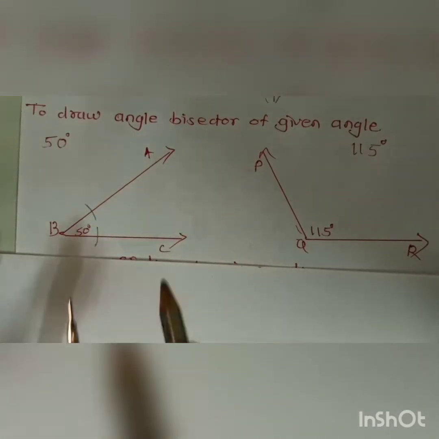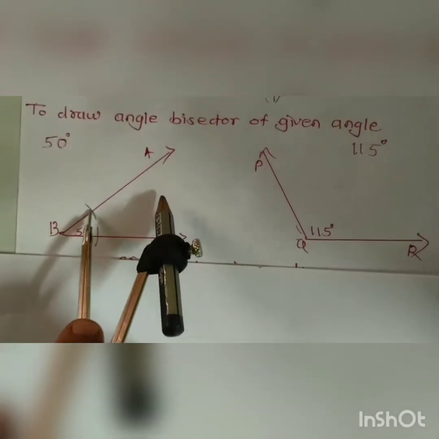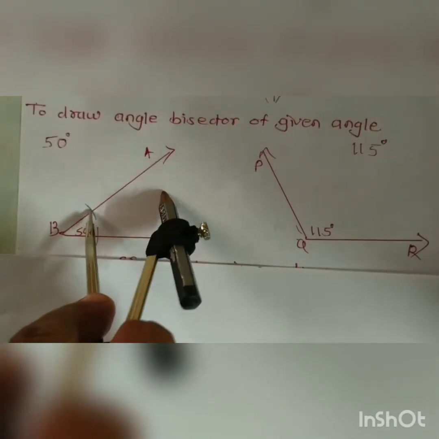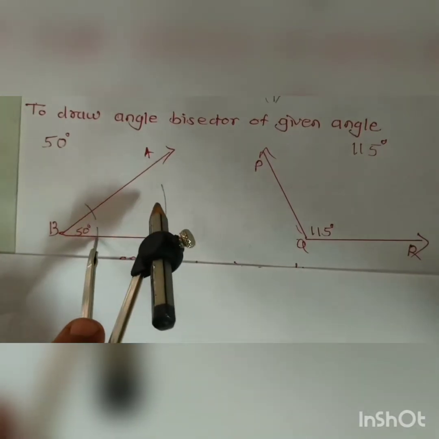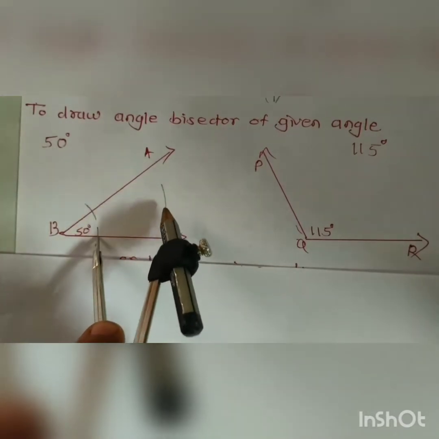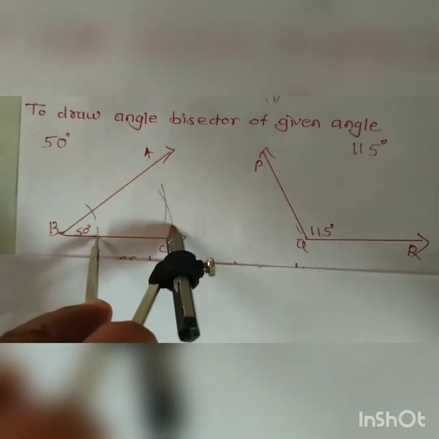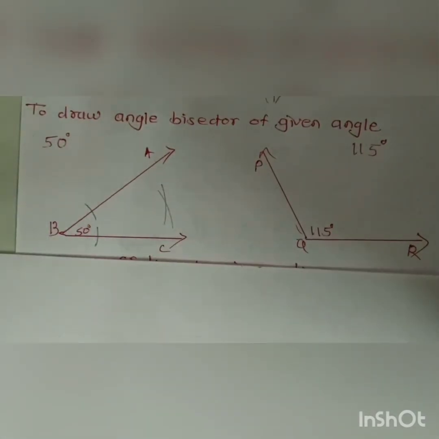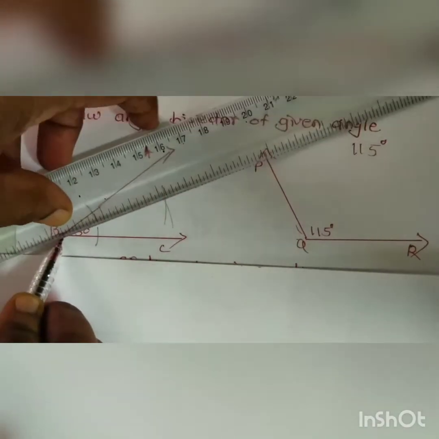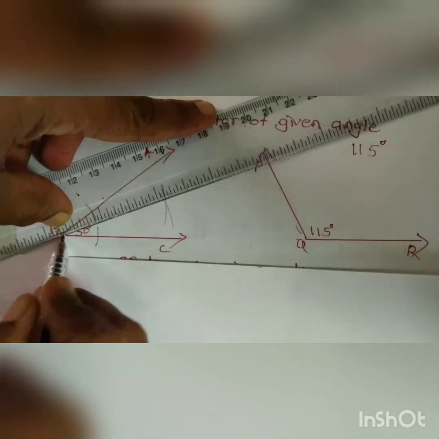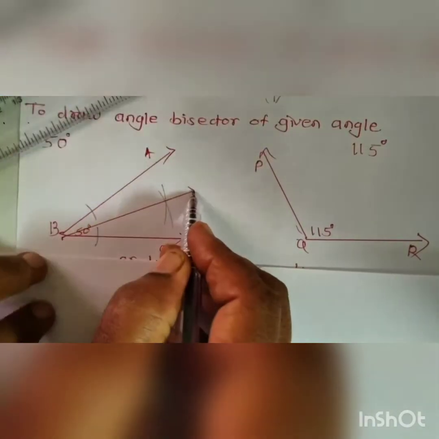Put your compass here. You may increase the distance now, this way. Make an arc inside the angle, in the interior of the angle. Also putting the compass with the same distance, make this arc. Now join this vertex B to the point of intersection of these 2 arcs.